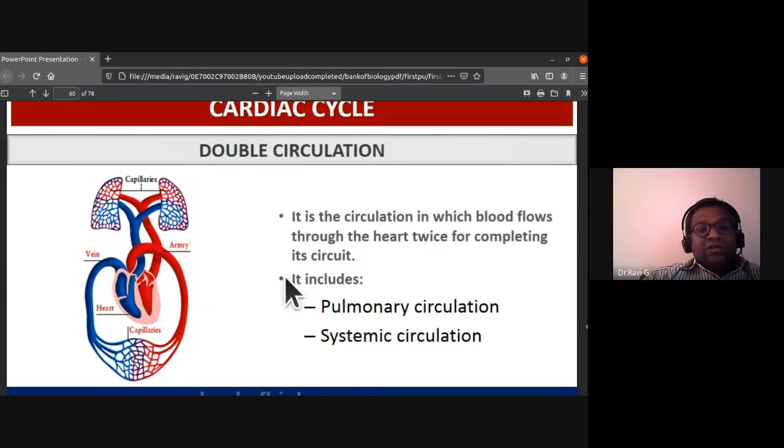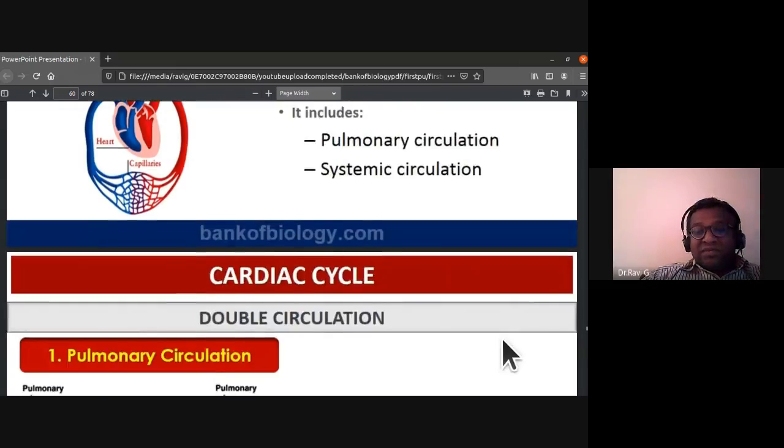This double circulation includes pulmonary circulation and systemic circulation. Pulmonary circulation is the minor circulation, and systemic circulation is the major circulation.